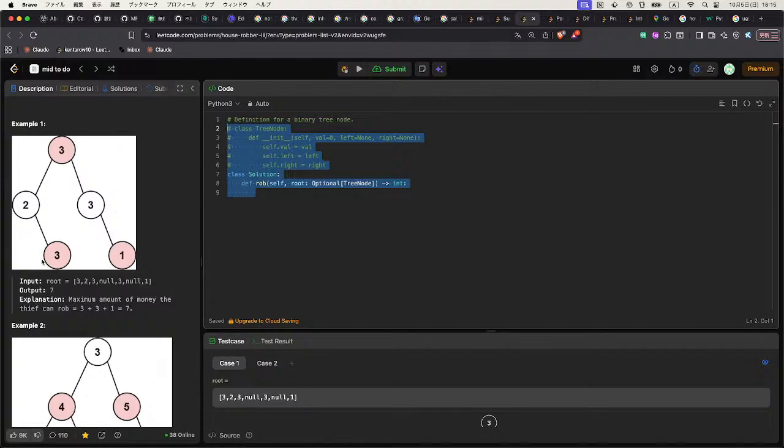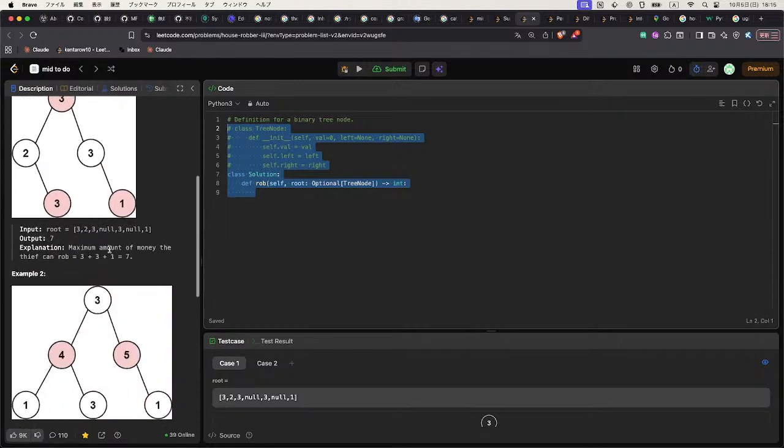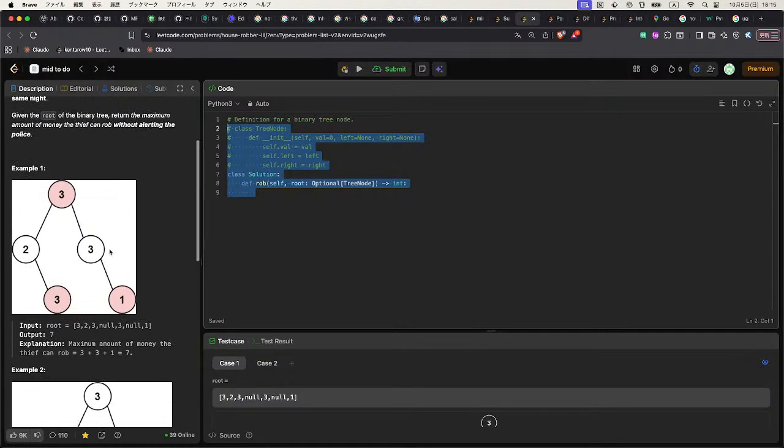But for this we have two options. We can pick or we don't pick. Either is fine. So there are a lot of combinations, so that's not optimal, I think. We have a better solution.